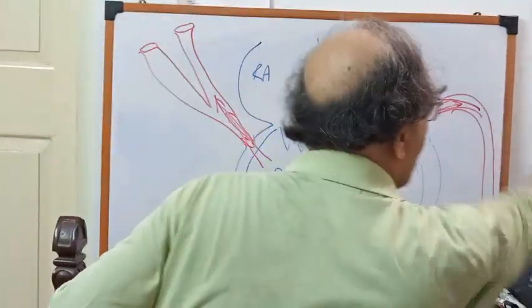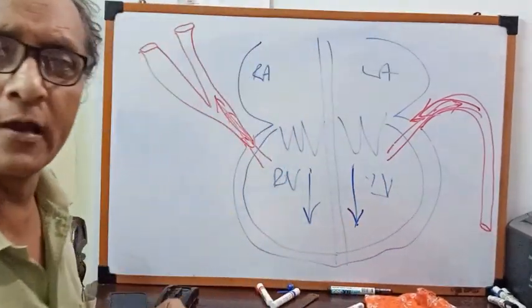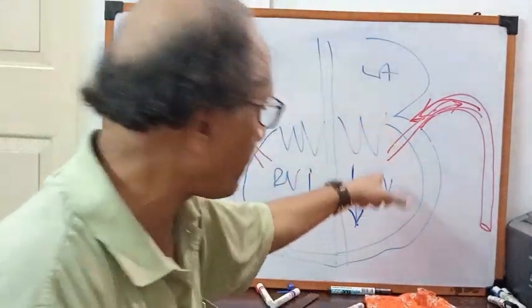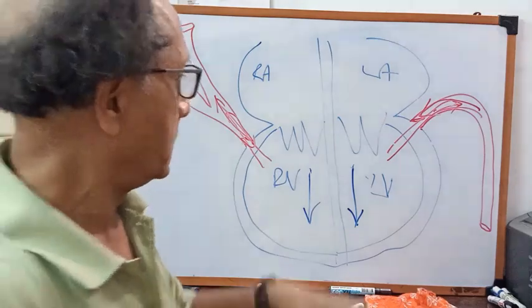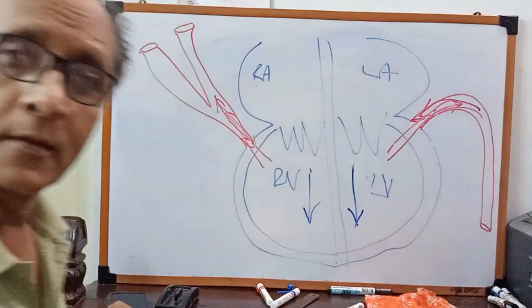As soon as there is a sharp fall of intraventricular pressure, that blood will tend to return back to the ventricle.